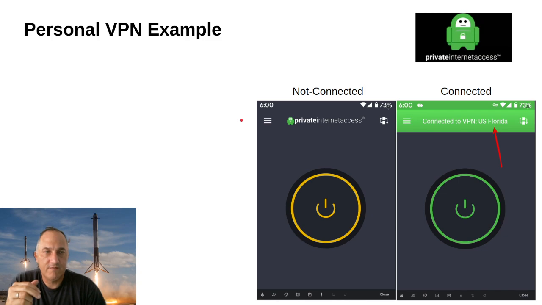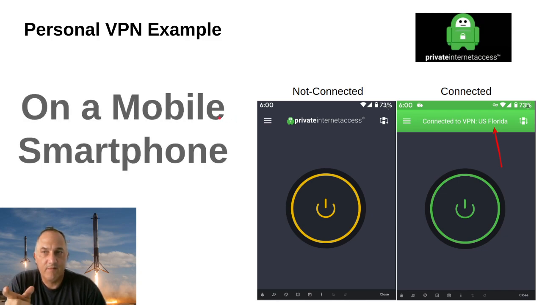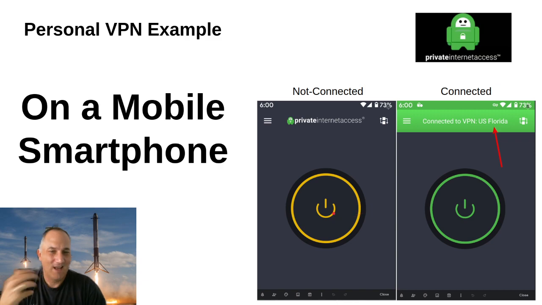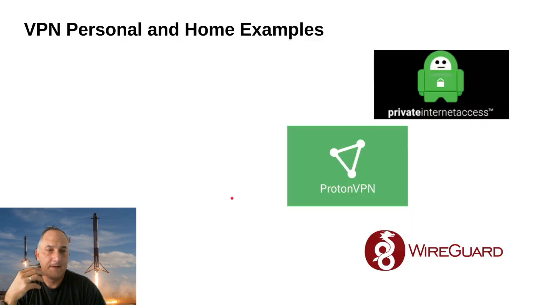For personal use on a mobile smartphone, this would be very similar. So you would have the same type of feeling between being connected on the phone versus being connected on the PC. Now this is for the UX, this is how the user experience is.